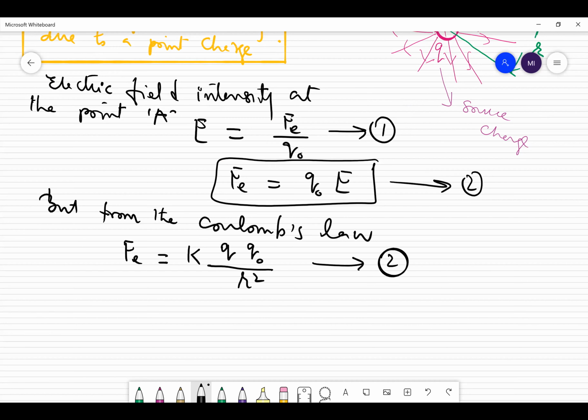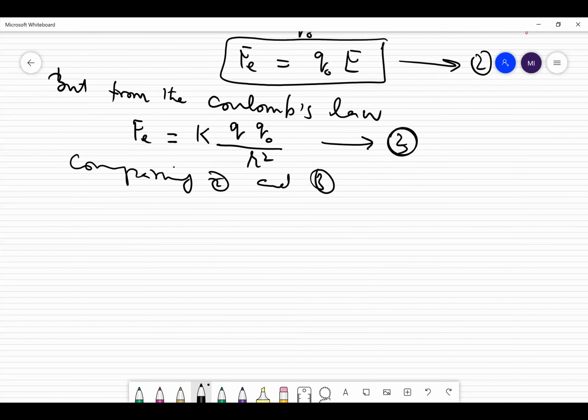So compare, this is equation 3. Comparing 2 and 3, we can write that Q naught E is equal to K Q Q naught by R square.